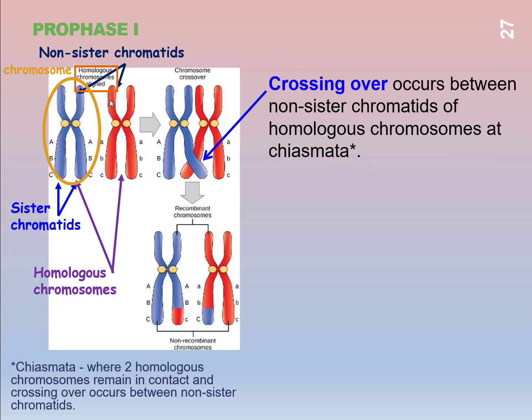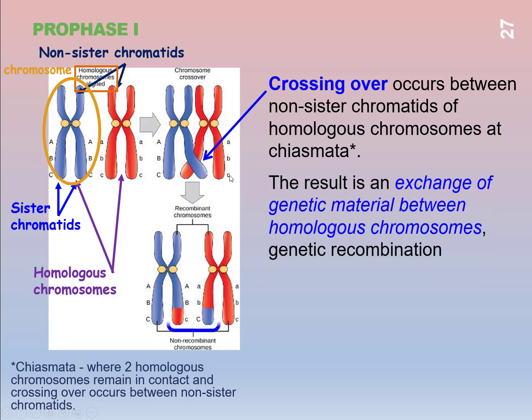So this is where we see crossing over happening. And crossing over occurs between those non-sister chromatids. That's why I was making a big deal out of it. We're still looking at the homologous chromosomes, and this occurs at the chiasmata. This is where the 2 homologous chromosomes remain in contact, and we see crossing over occurring. Crossing over is basically an exchange of genetic material.